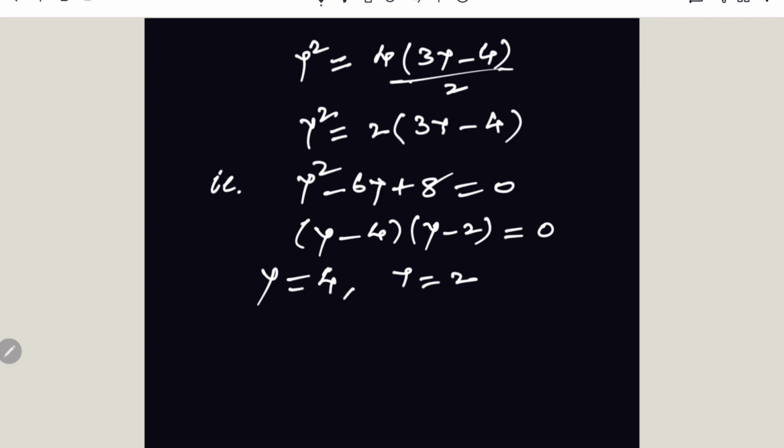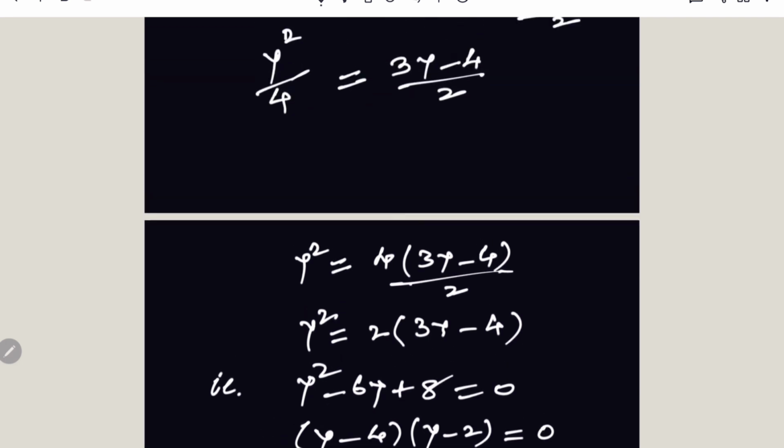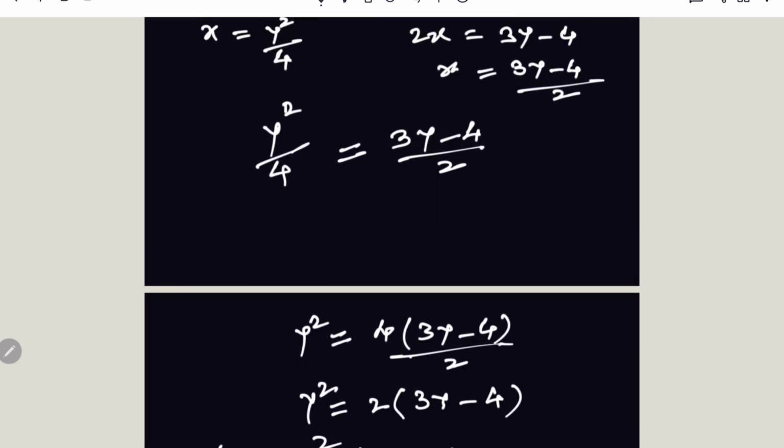Substituting the value of y for y equal to 2, we get 3 times 2 is 6, 6 minus 4 is 2, 2 by 2, we get x as 1. Therefore, the point is 1, 2.